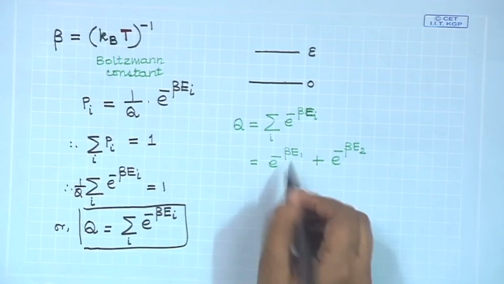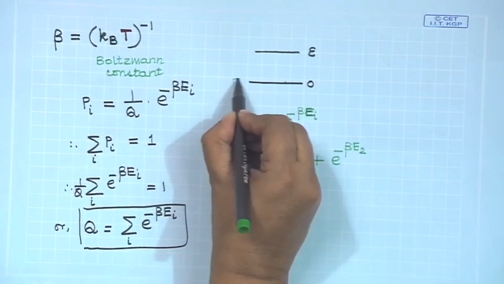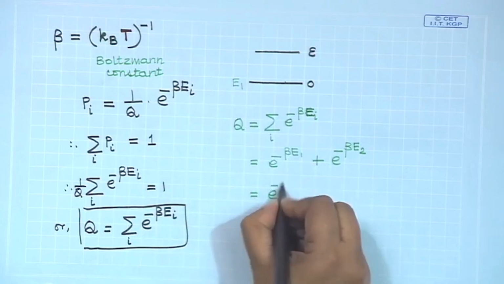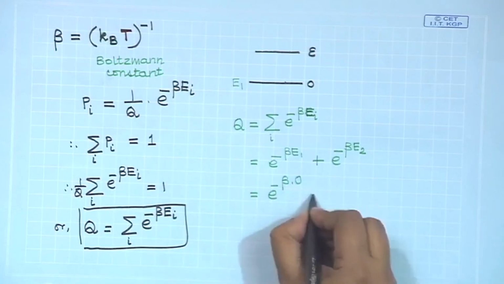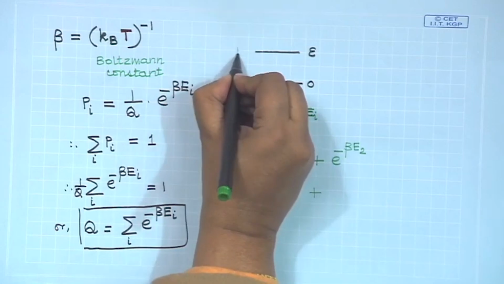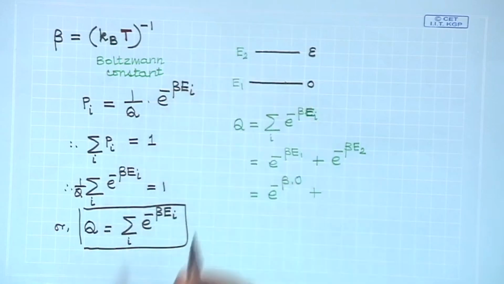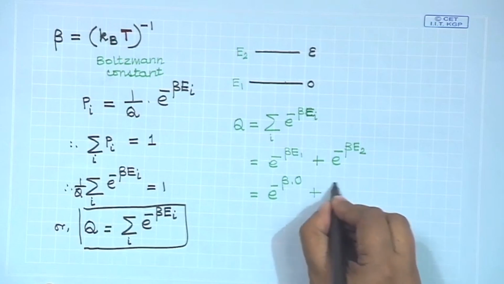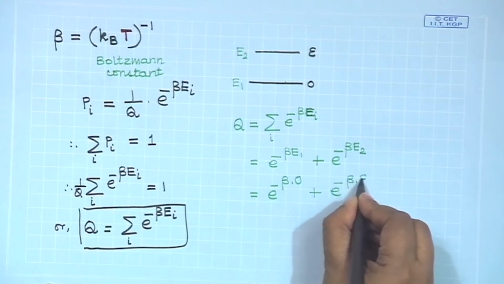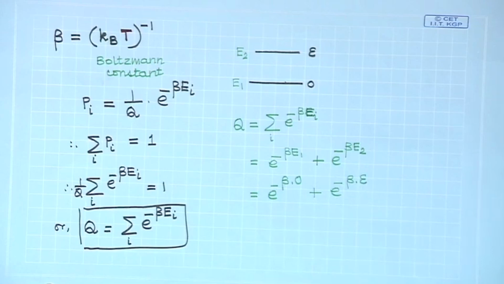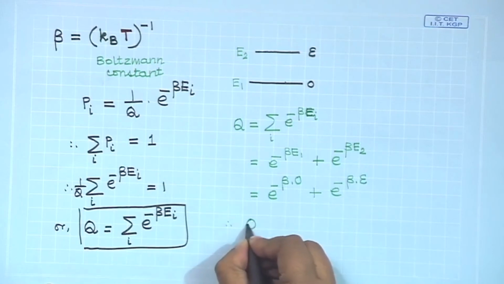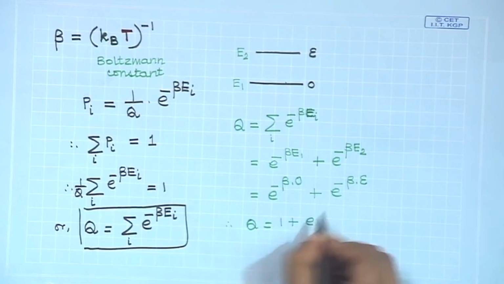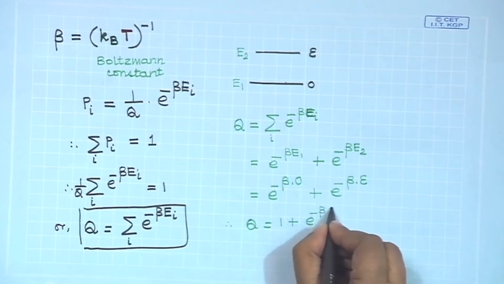So, what is E_1? E_1 is equal to 0. So, I would write that as minus beta into 0. What is E_2? E_2 is this energy value, and E_2 by the definition of the problem is given by this number epsilon. Therefore, if I simplify, I find that for this simple system capital Q is equal to 1 plus e to the power of minus beta epsilon.